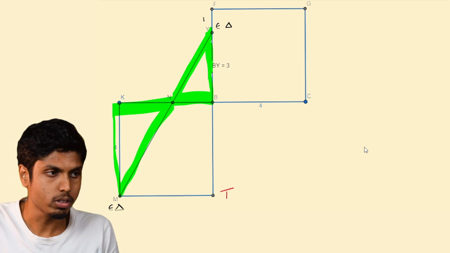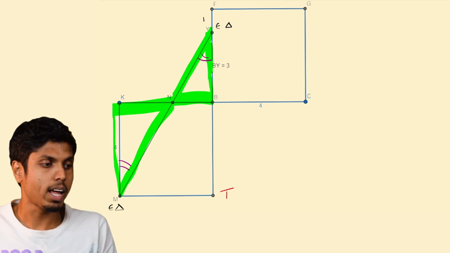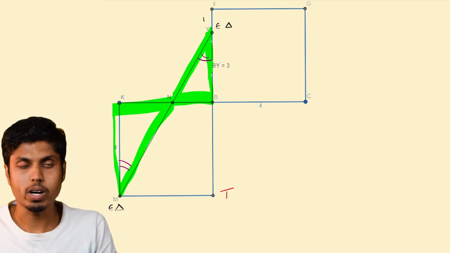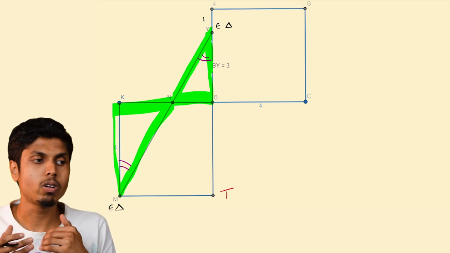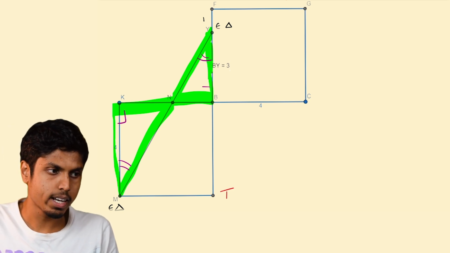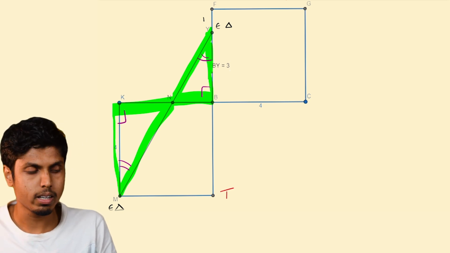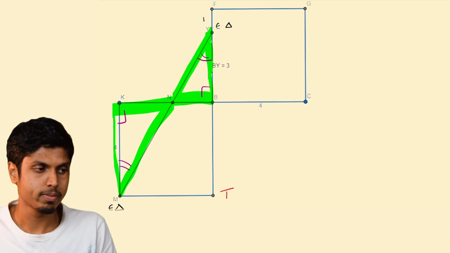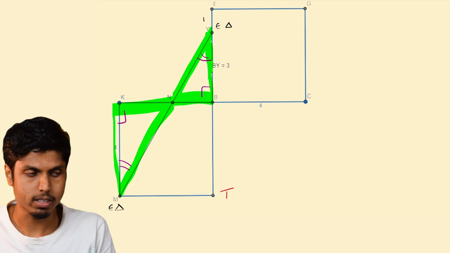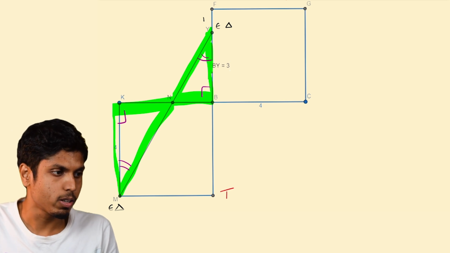They are similar because the line MK is parallel to the line BY, and hence their alternate interior angles are equal. And 90 and 90, and hence the other two angles are also equal. So hence they form a pair of similar triangles.